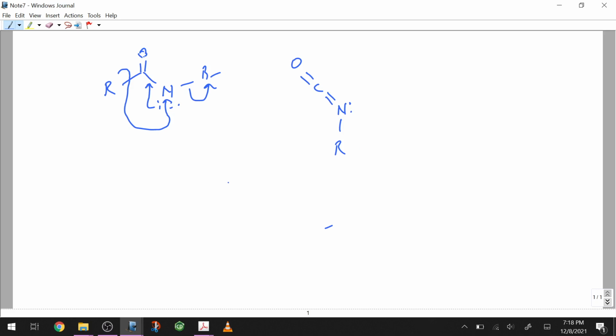And in the presence of hydroxide, that carbonyl is pretty reactive. So we're going to attack it nucleophilically, like so. And that's going to break the bond to the nitrogen.